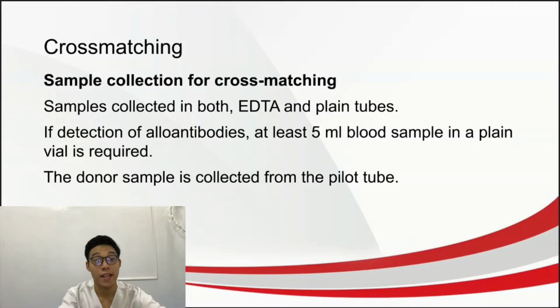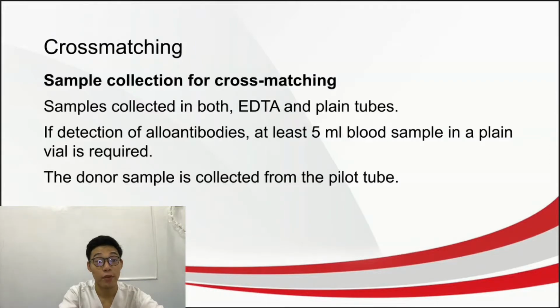Now for the sample collection for cross-matching, the blood sample from the patient must be collected in both EDTA and plain tubes. For this, we are ordered to perform forward and reverse grouping. If detection of alloantibodies in the patient's serum is to be carried out, at least 5 ml blood sample in a plain vial is required.